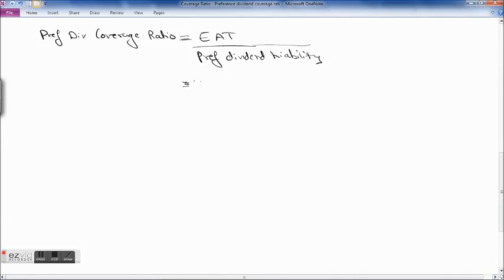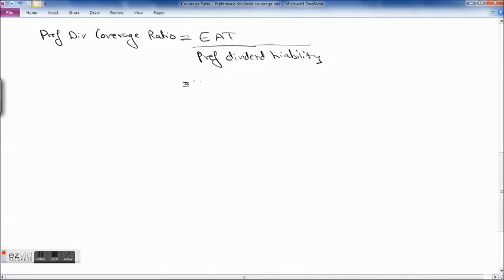Now, earning after tax is considered because unlike debt, on which interest is charged on the profit of the firm, the preference dividend is treated as appropriation of profit or distribution of profit. Unlike interest expense, which is an allowable expense for your income tax, preference dividend is not an allowable expense for income tax purposes.